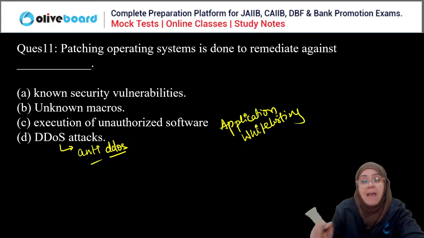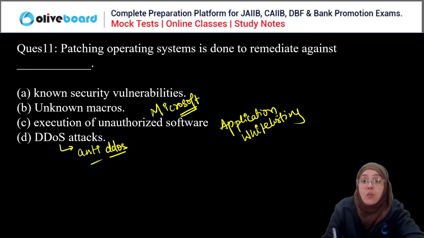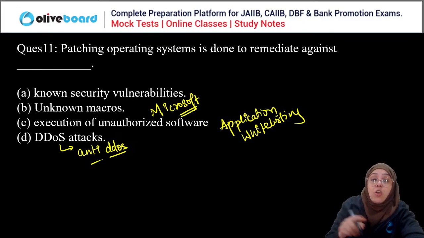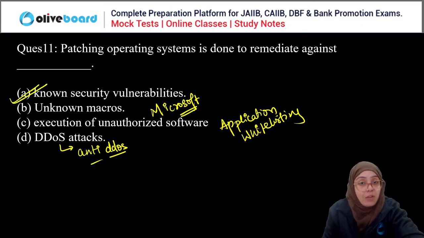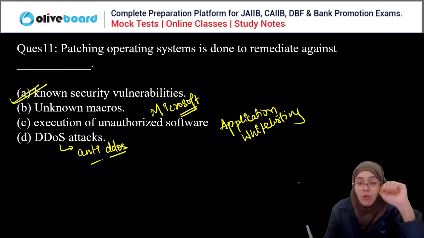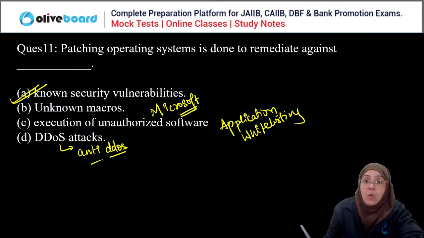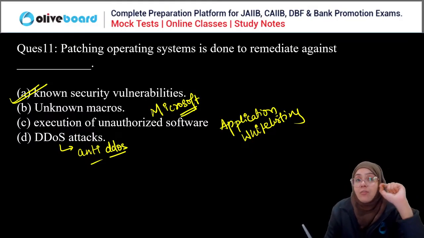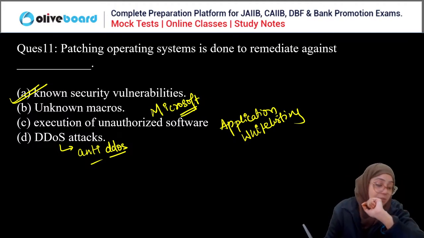For unknown macros, configuring Microsoft Office is the control, and patching operating system is actually for known security vulnerabilities. So these are all the things you have to remember. Done? Clear?